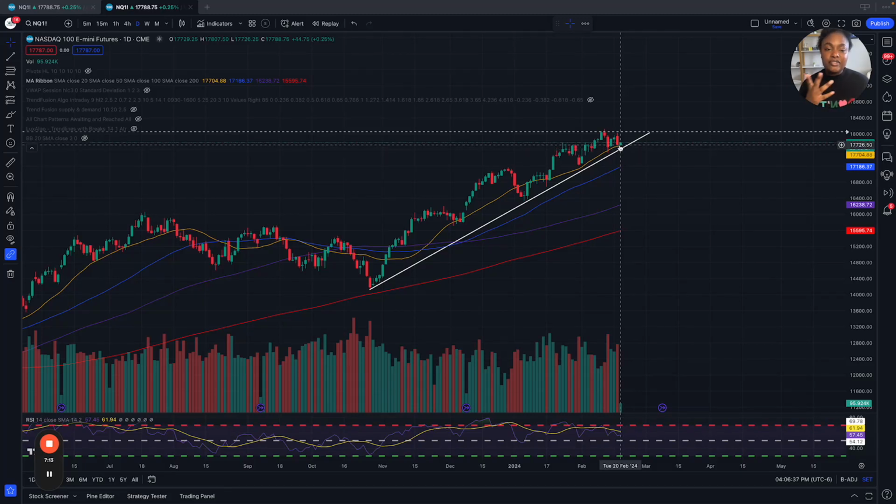Once we find support in between the 20 and the 50 MA, we just look at the initial trend, which is an uptrend, and that helps us determine ahead of time that this is where we want to buy, and we want to buy to go up because the initial trend was an uptrend.